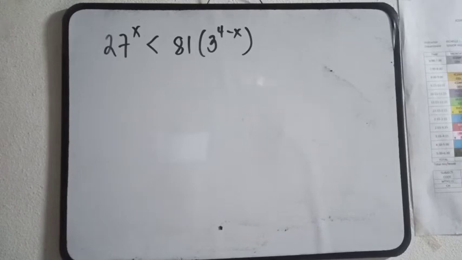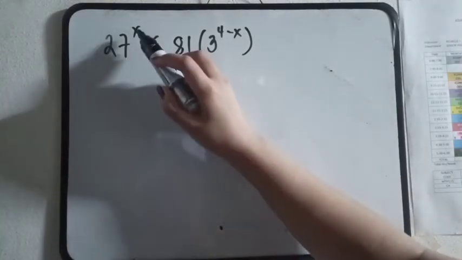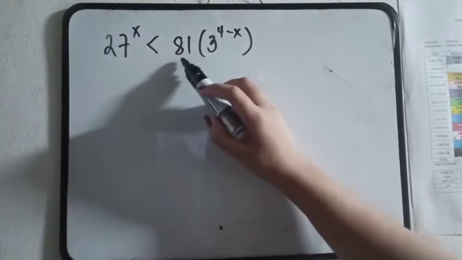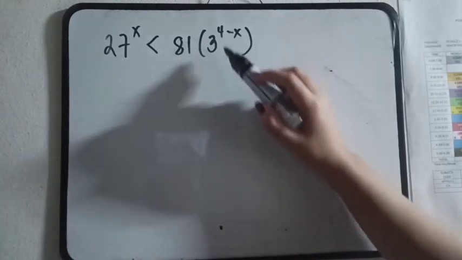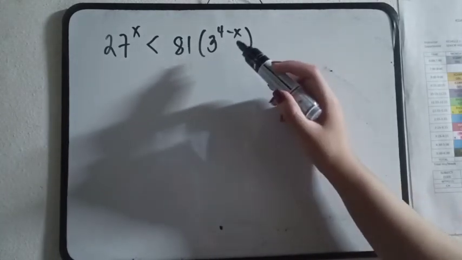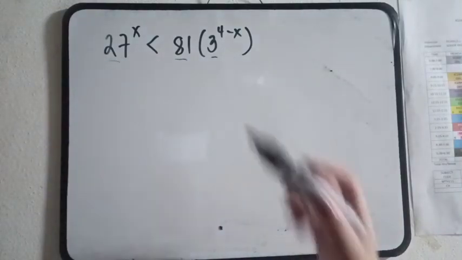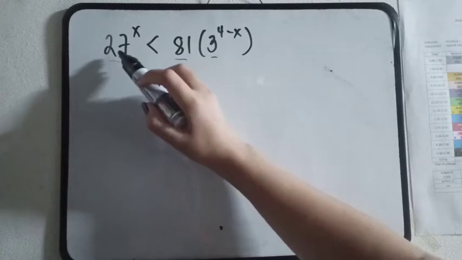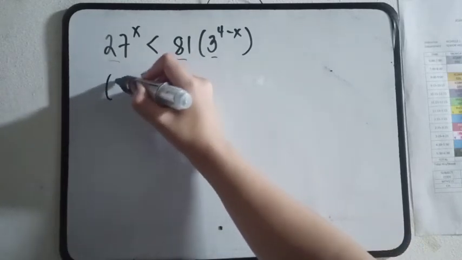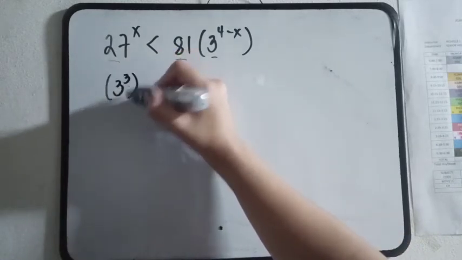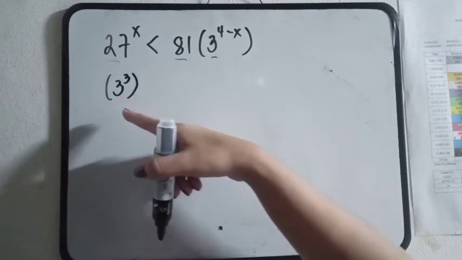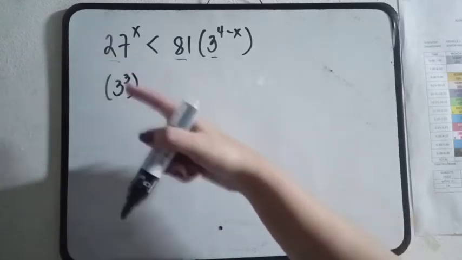Okay, next example we have 27 raised to x is less than 81 times 3 raised to 4 minus x. Okay, so, etong mga base natin, palitan natin siya nung base 3. Okay, so si 27, pwede siyang i-rewrite as 3 raised to 3. So, 3 times 3 times 3 is 27.